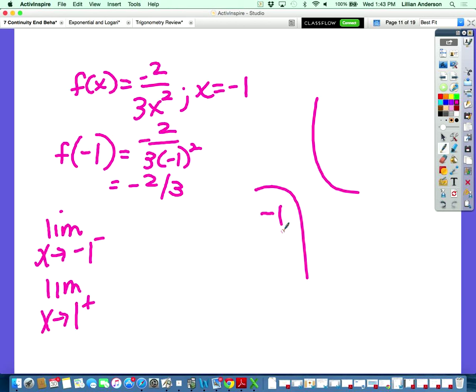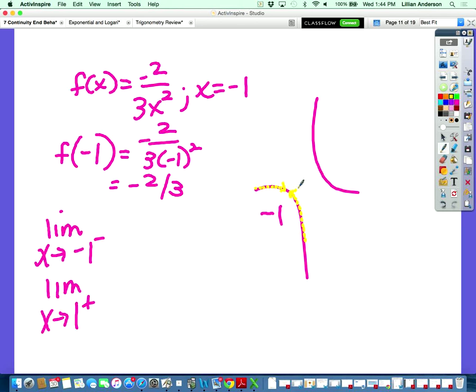Okay? So when I'm talking about from the left, this is what I mean. Like if I go along the curve, getting closer and closer to when x is -1 from the left, and then from the right. That's what I mean. What number am I approaching?